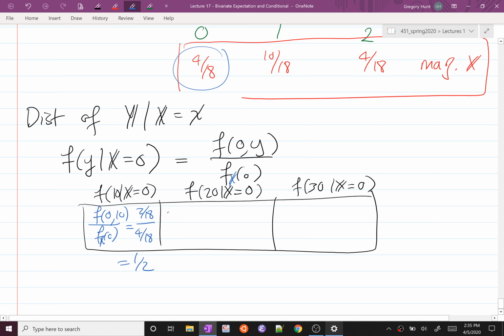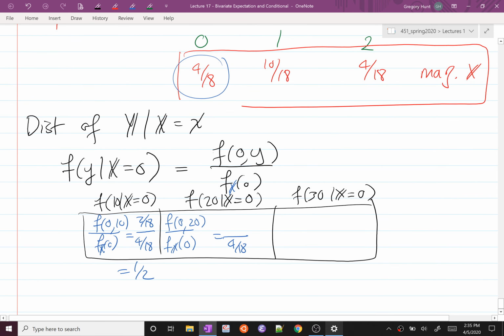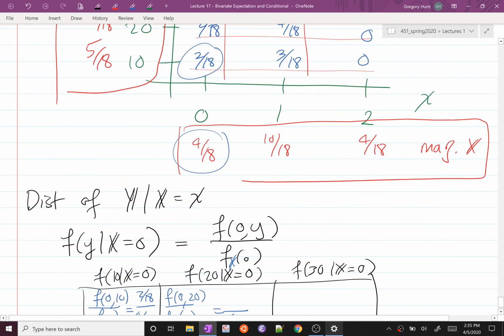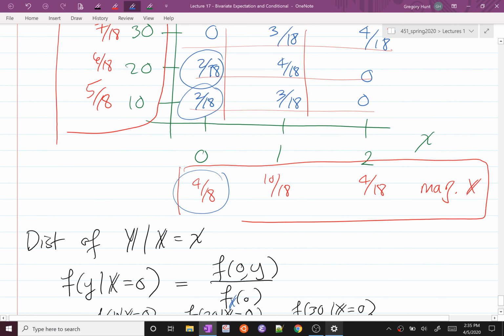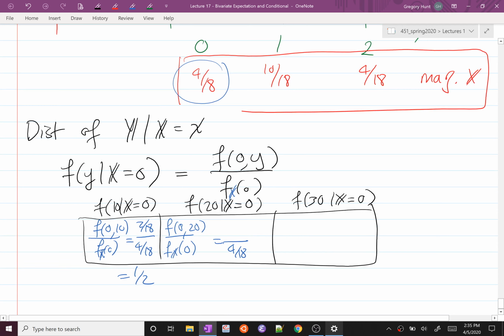And similarly here, we're going to get f of 0, 20 over f sub x of 0, so again 4/18ths in the denominator. f of 0, 20 is just this next one, again 2/18, which is 1/2. And we kind of know that this last one has to be 0, right?